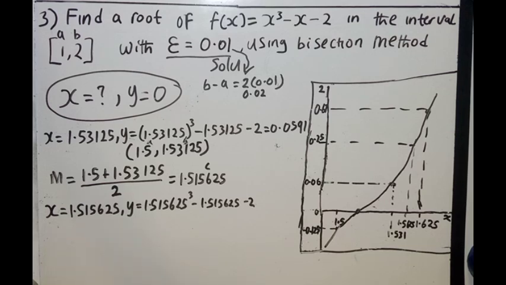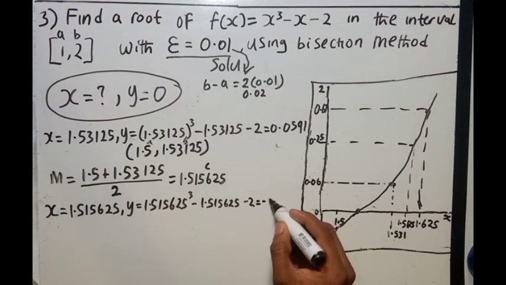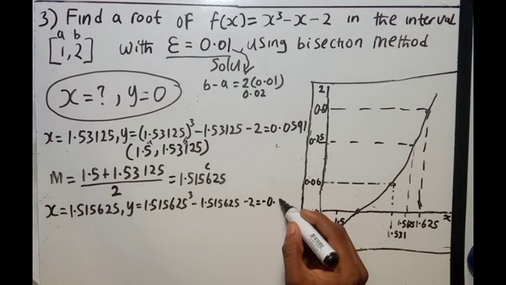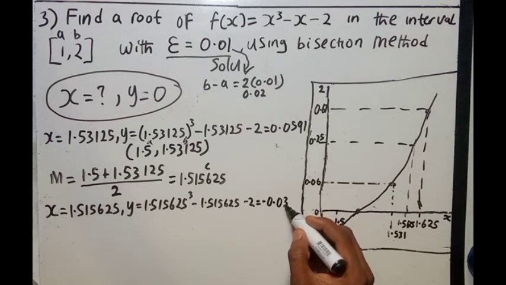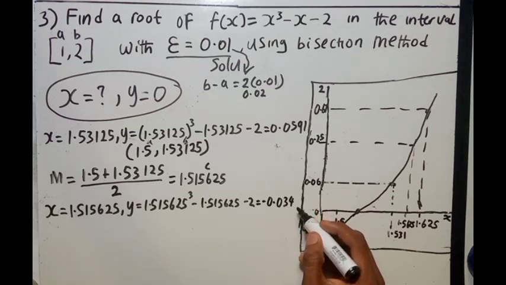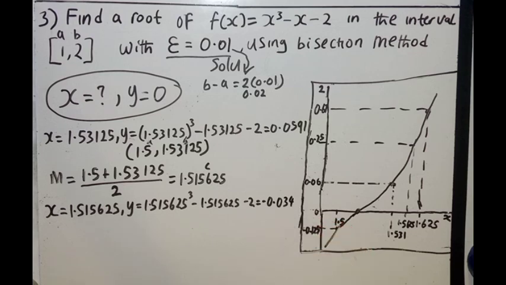You can simply say answer cubed minus answer minus 2. Bring down your cursor. Then you'll be having approximately minus 0.034. So that will then fall under here.